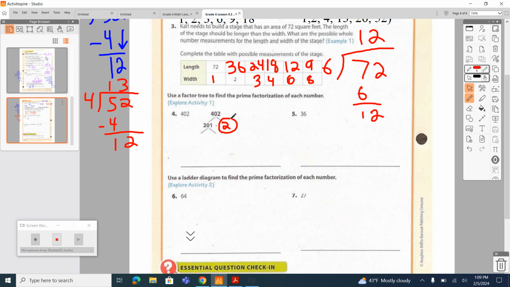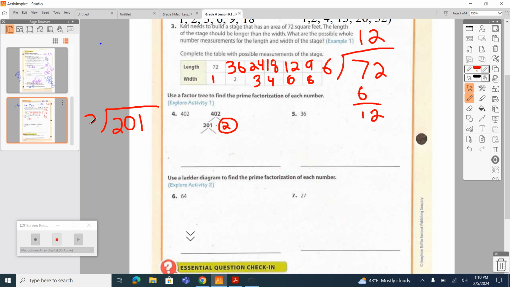Now, 201, so 2 plus 0 plus 1 is 3, meaning that 201 is divisible by 3. So I'm going to do 201 divided by 3. 3 does not go into 2. 3 goes into 20 6 times because 6 times 3 is 18. 20 minus 18 is 2.